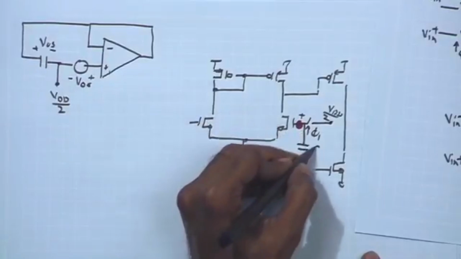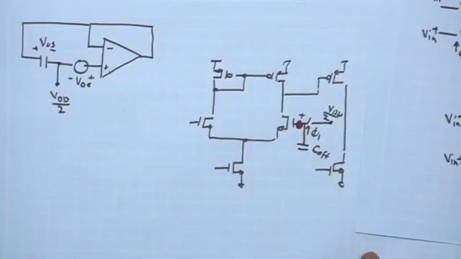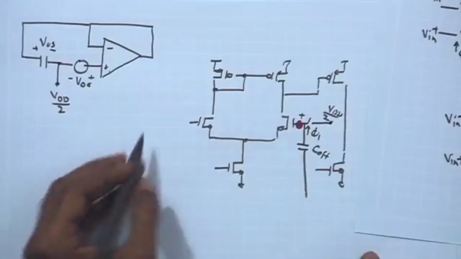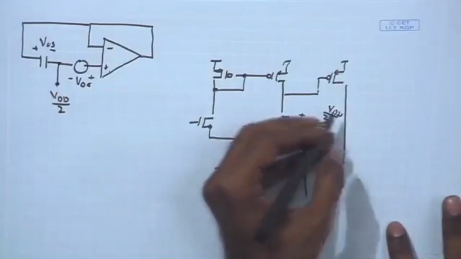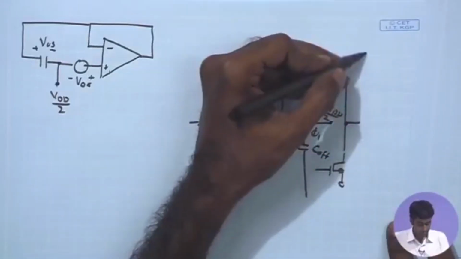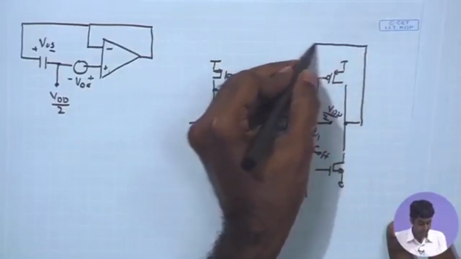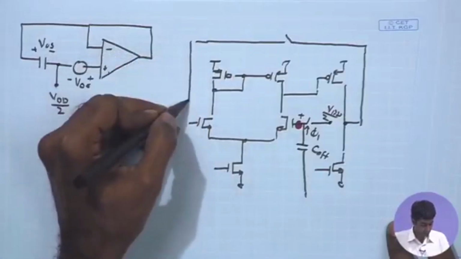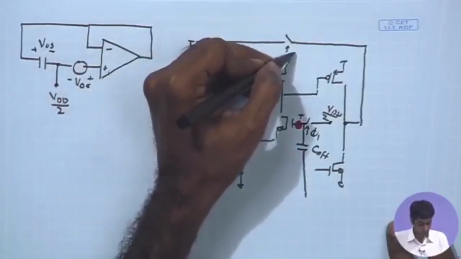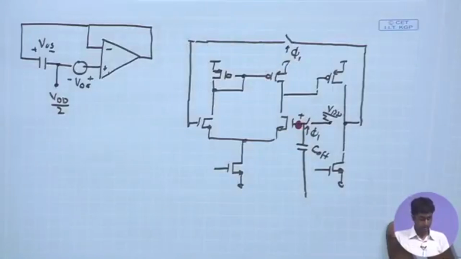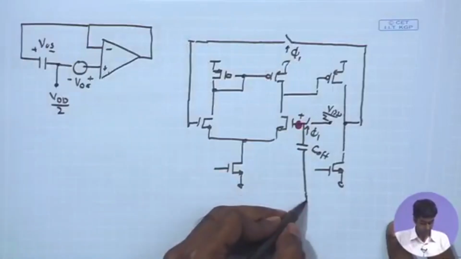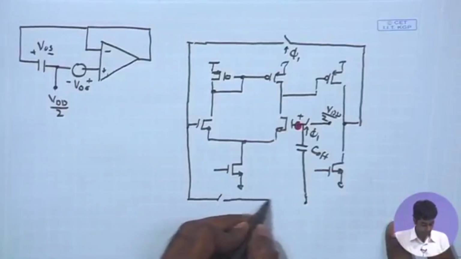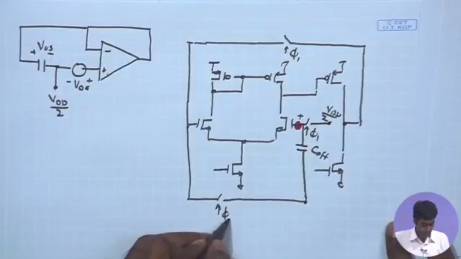So, this is our C offset, which is once again supposed to be connected to the inverting terminal, while the inverting terminal is in the negative feedback configuration. This is also driven by phi 1 phase, and finally, the output once again should be connected to this point. So, you have another switch coming over here, which is also driven by phi 1 phase.